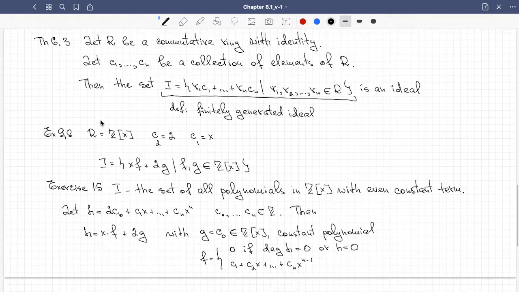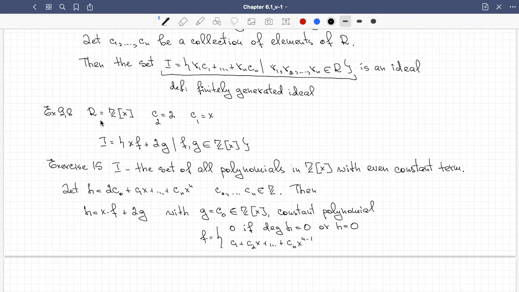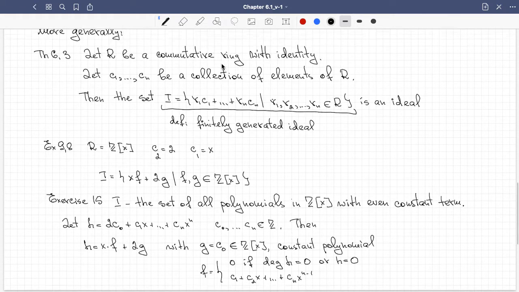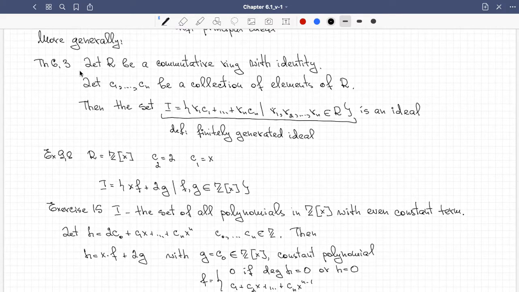So there is nothing to prove here. Example 8 precedes the theorem, so they proved it by hand. You can immediately see from theorem 6.3 that I is an ideal. Finitely generated ideal.